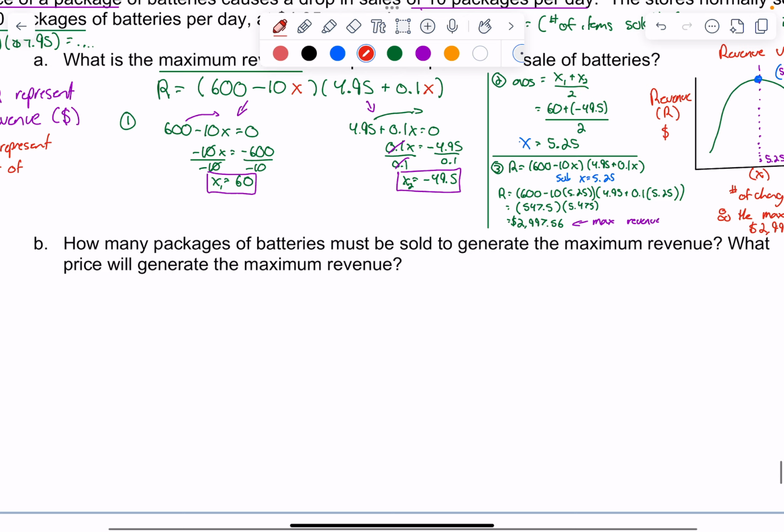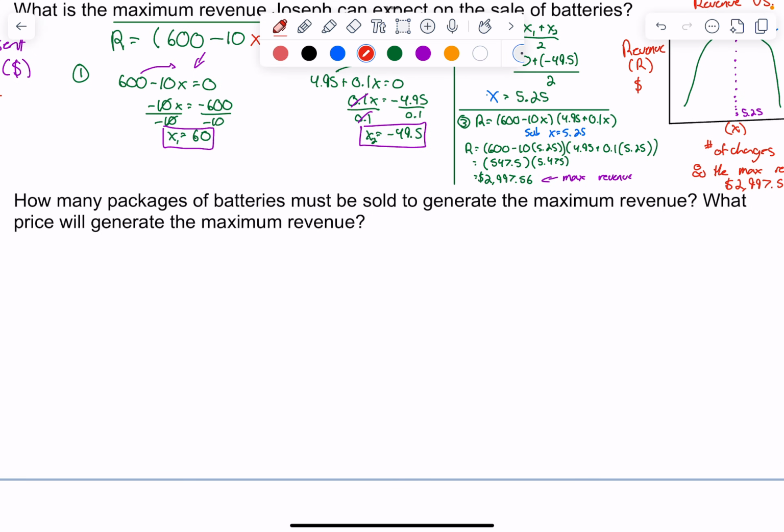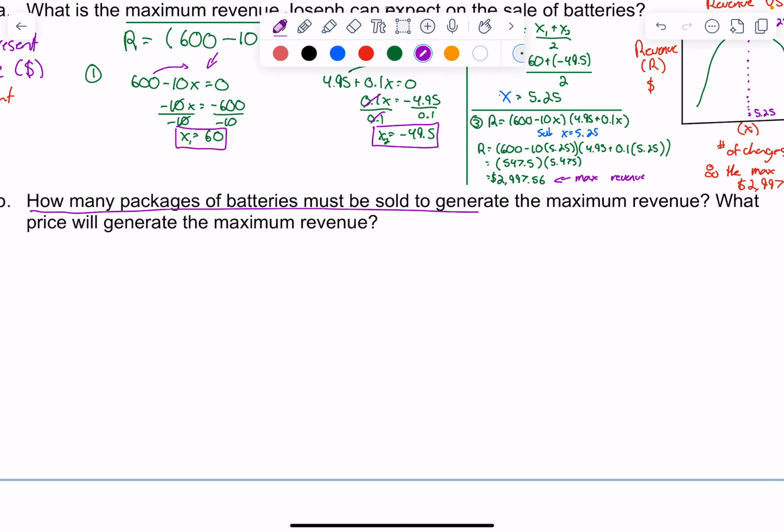Well, how many packages of batteries must be sold to generate the revenue? What price will generate the maximum revenue? So this first question, how many packages? Well, that is number of items sold.